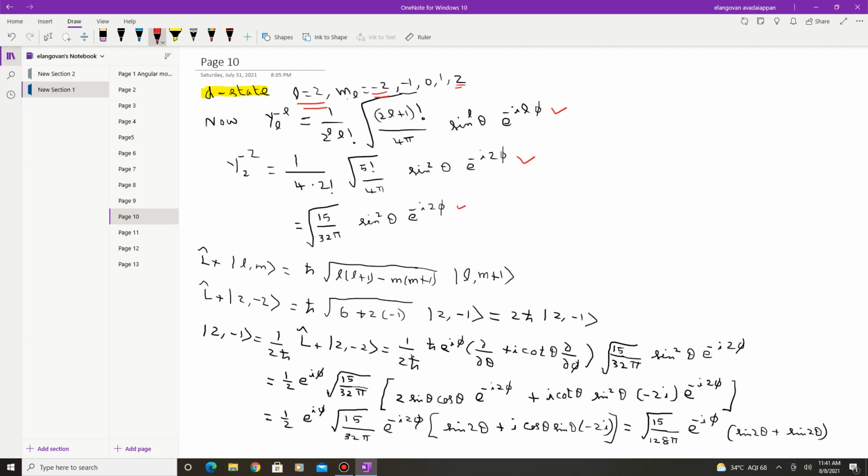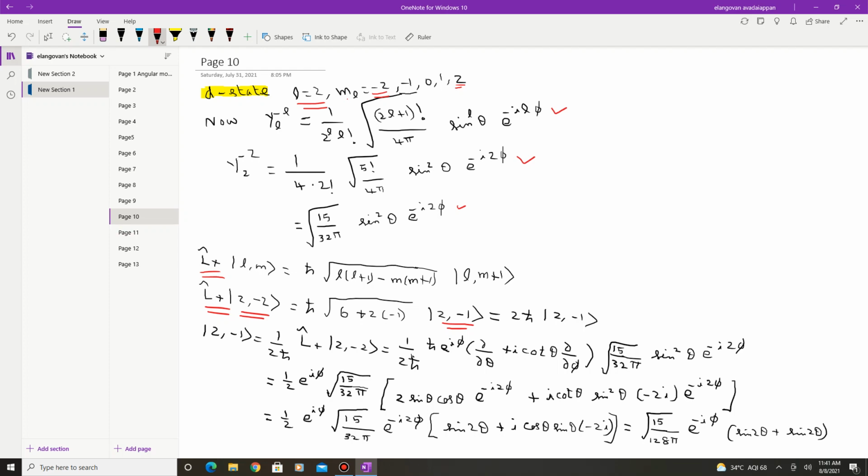Then apply the rising operator on the lowest state. The rising operator is L plus. When the rising operator operates on the lowest state, the state is raised from ML value minus 2 to ML value minus 1.